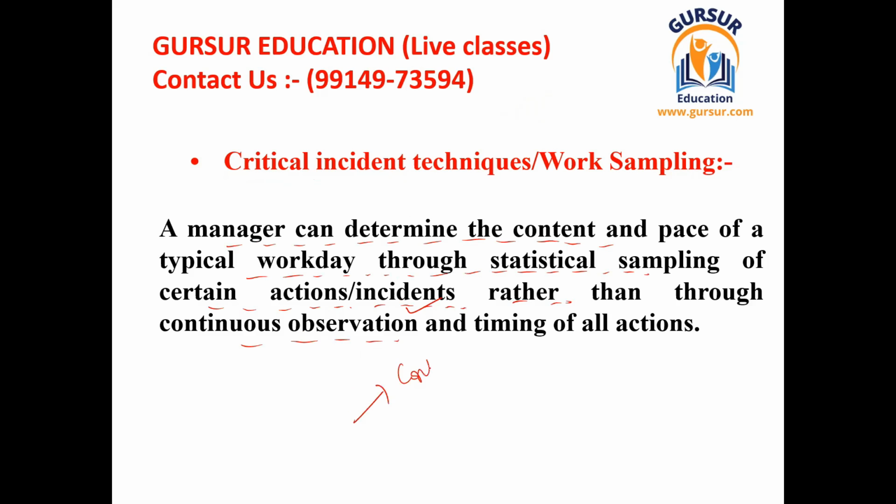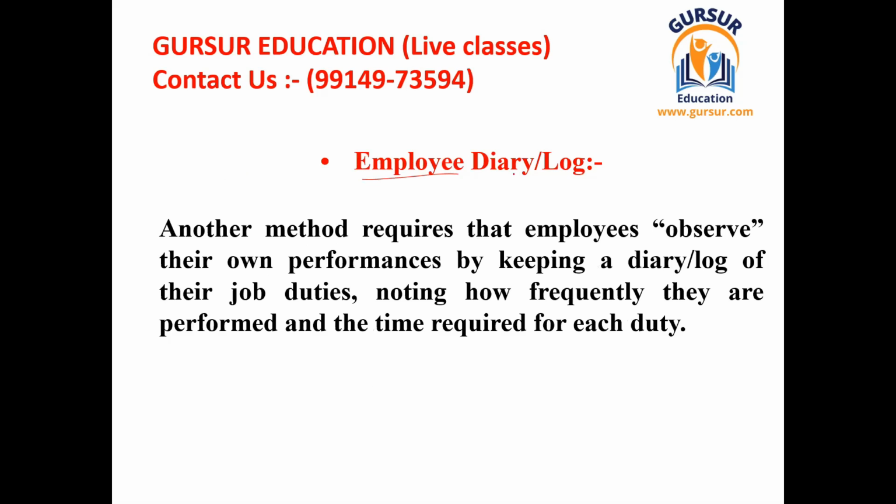In this way, they collect the information regarding content and human specifications for performing a specific job. So now we move to the third method. This is the employee diary or log. In this method, what happens? The manager asks the employees to create their own diary or their own log.